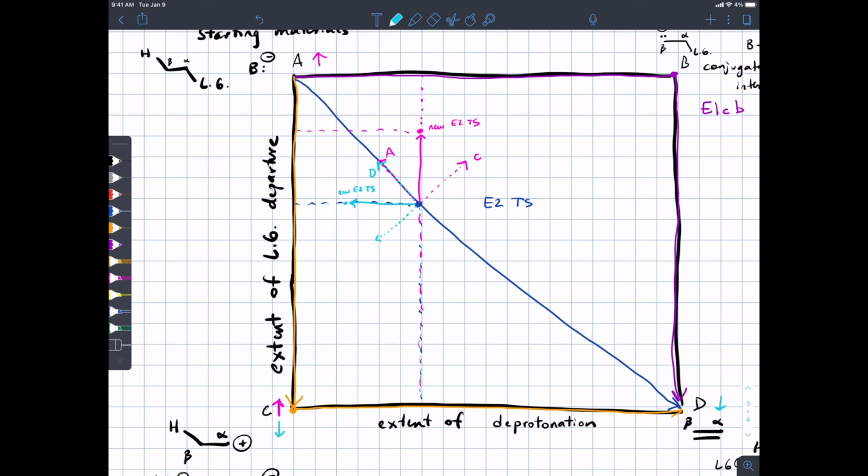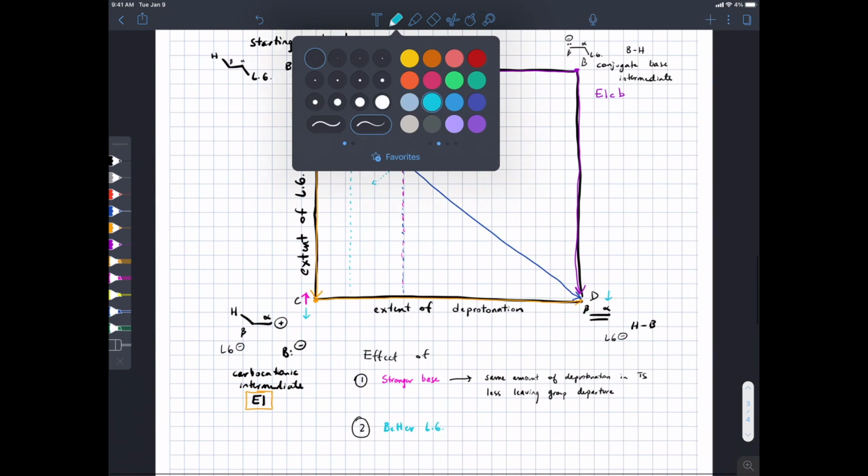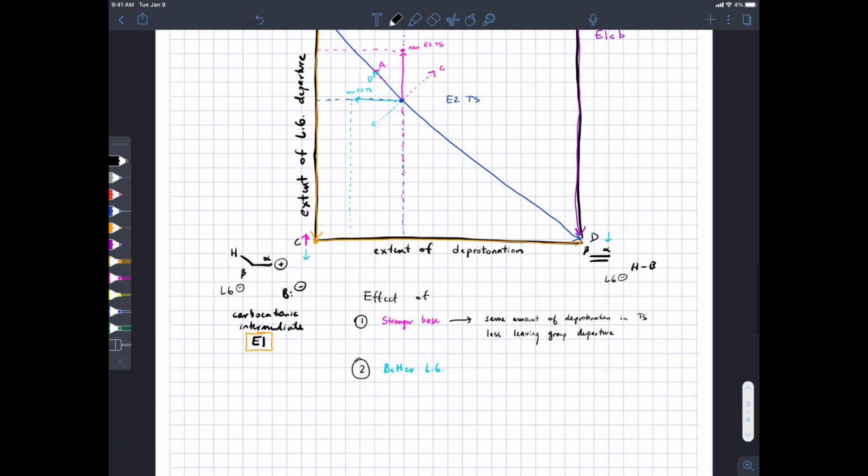Notice that it has the same extent of leaving group departure, but way less deprotonation. That's almost exactly the opposite of what you might have predicted just based on logic and reasoning, right? You might think, oh, a better leaving group, then in the transition state, the leaving group should be more gone. Well, actually, no. You have the same amount of leaving group departure, but less deprotonation.